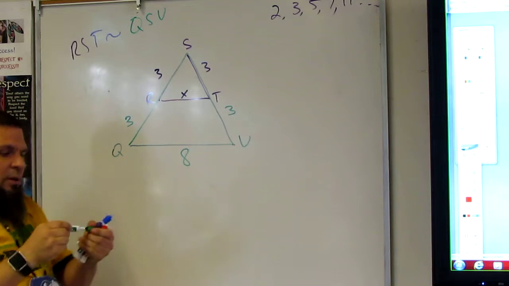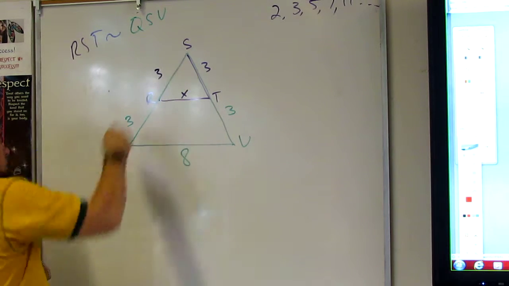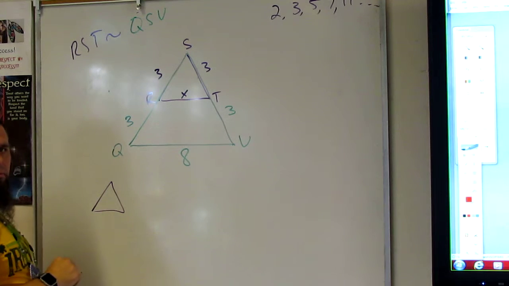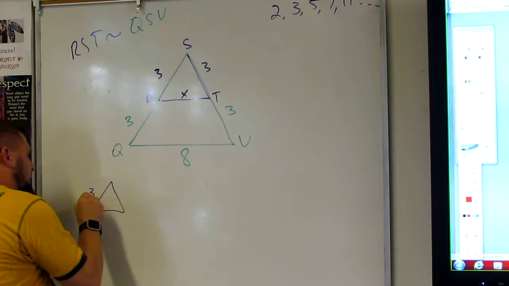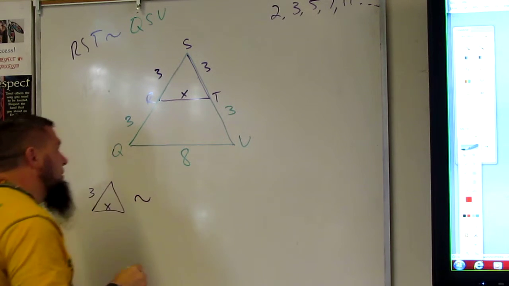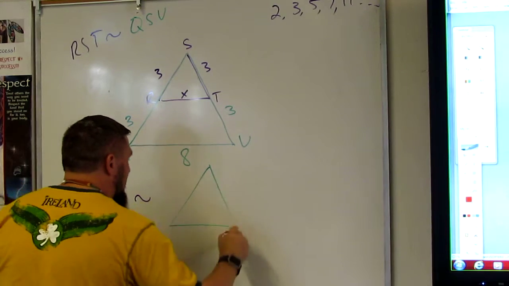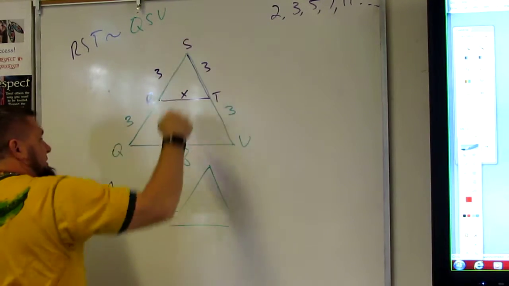Now, QSB. What that means is RST, or in other words 3 and x, is similar to QS.